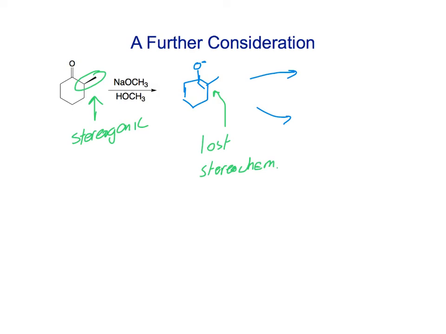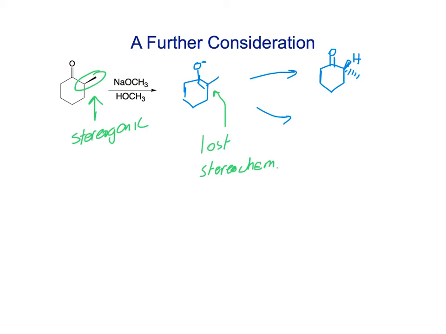Because that enolate is flat, right? So it can come in from the top. And if the H comes in from the top, the methyl group would be going back.